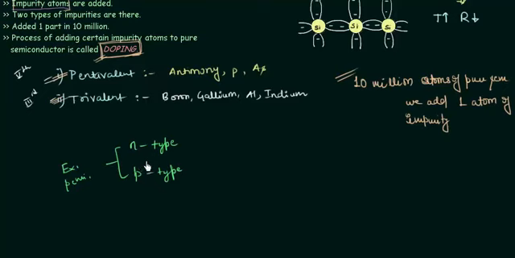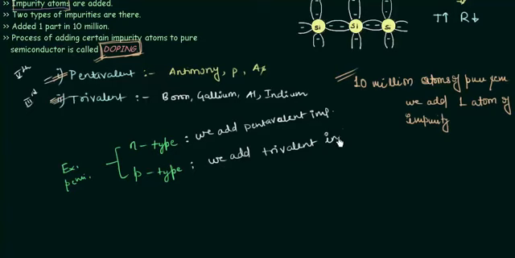In N-type semiconductor we add pentavalent impurity, whereas in P-type semiconductor we add trivalent impurity. So this is a very important thing that you should remember, the types of extrinsic semiconductor.